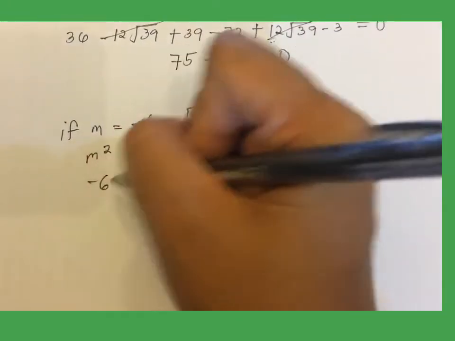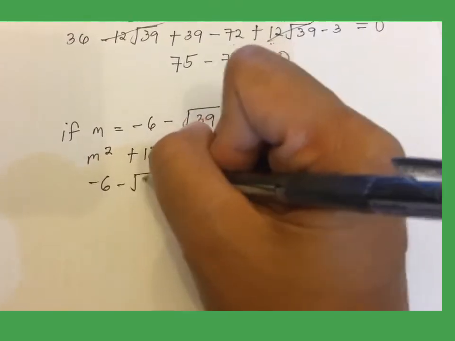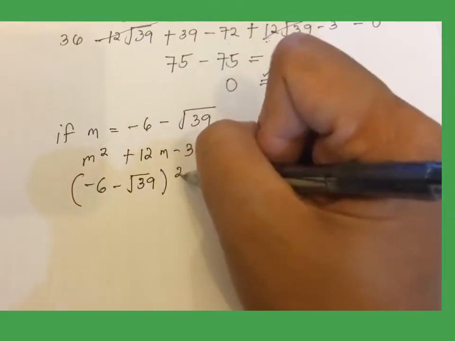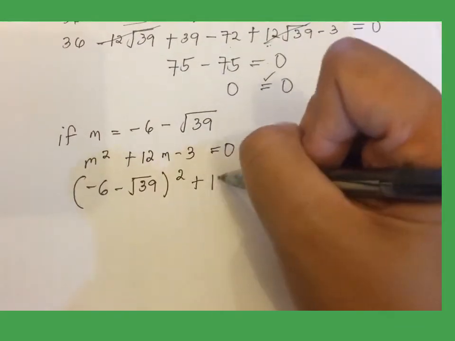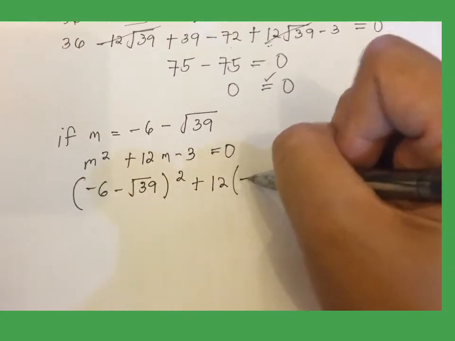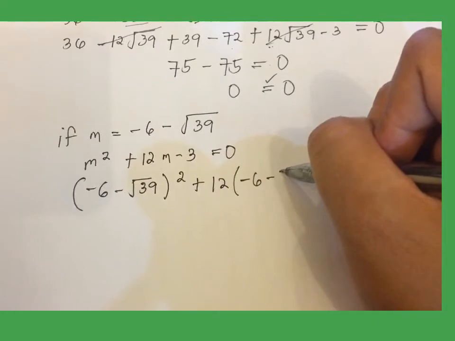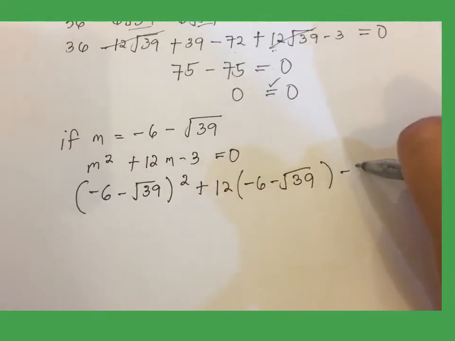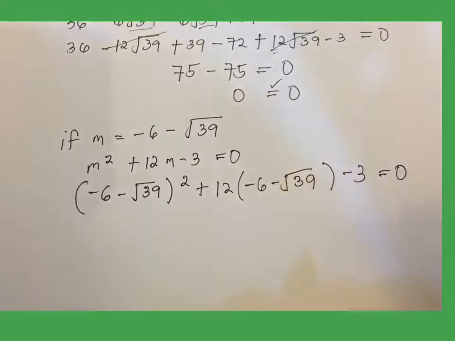So that's negative 6 minus square root of 39, squared, plus 12 times negative 6 minus square root of 39, minus 3 equals 0.